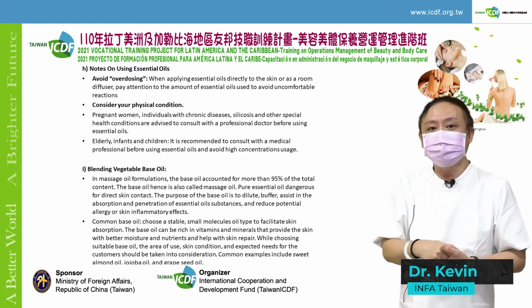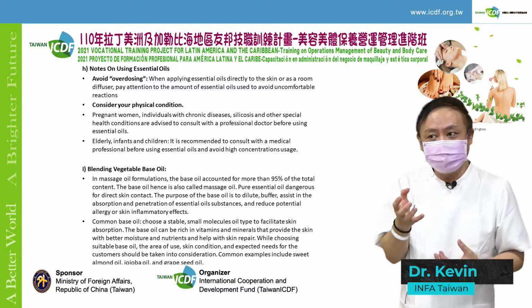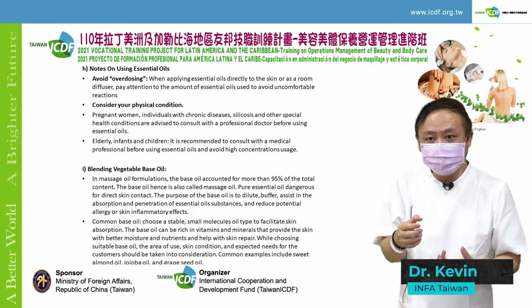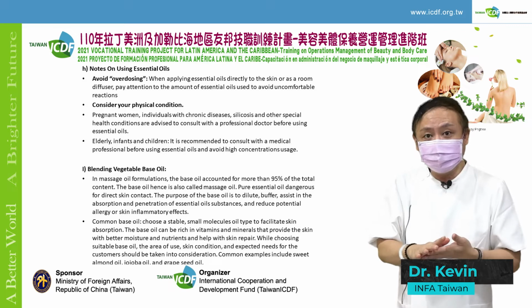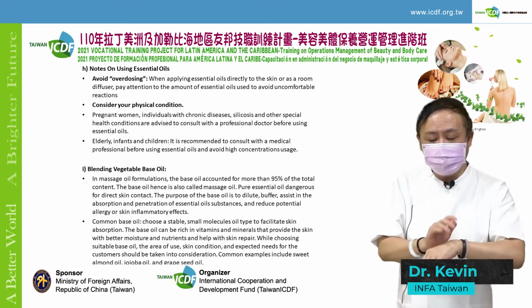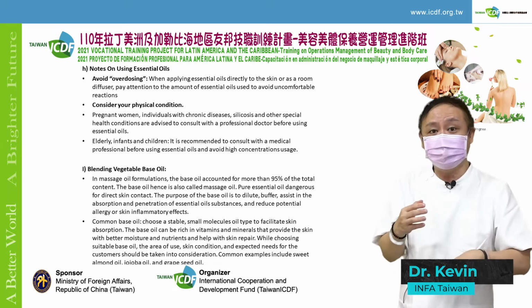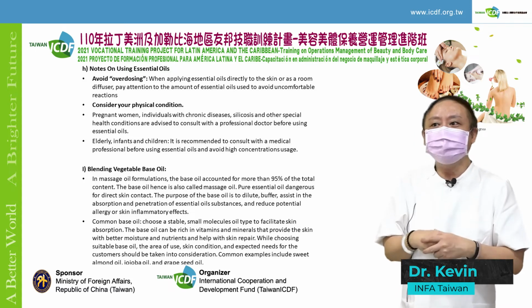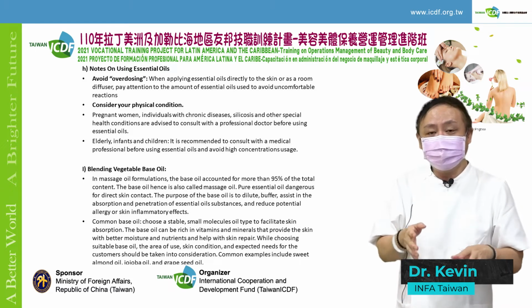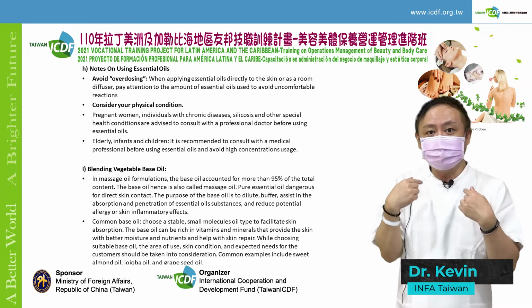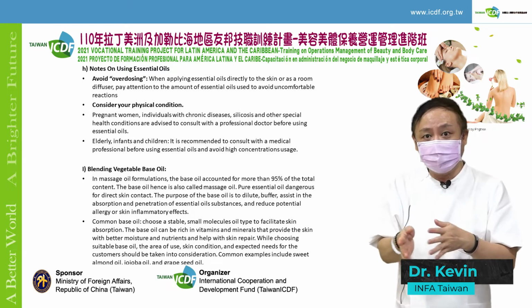While we're choosing a base oil, we need to consider the different skin condition and what area we're using. If we have very sensitive skin, we can't use a very strong essential oil, for instance, citrus. So if they're already allergic, you can't use any essential oil that is too strong.